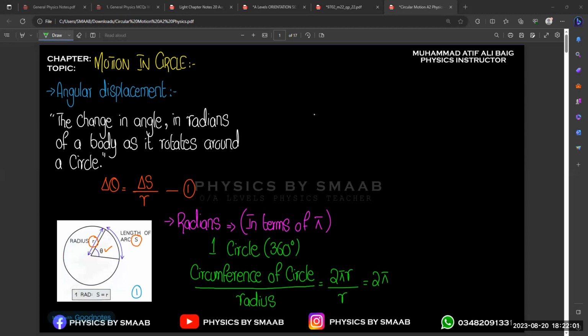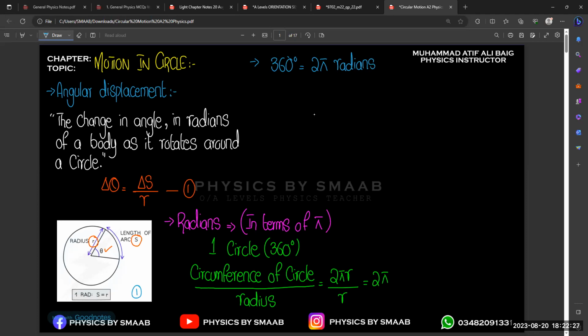So let's suppose we just consider a numerical value: 360 degrees is equal to 2 pi radians. We need to find out how much 1 radian is equal to.